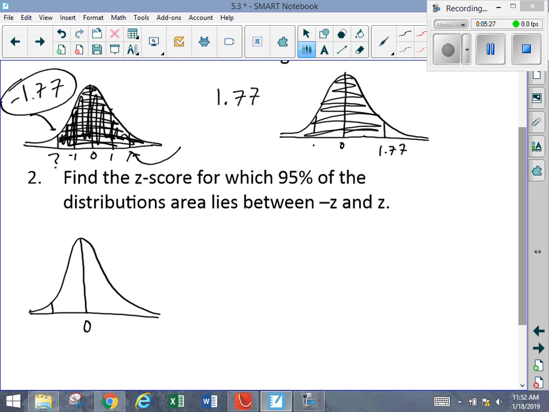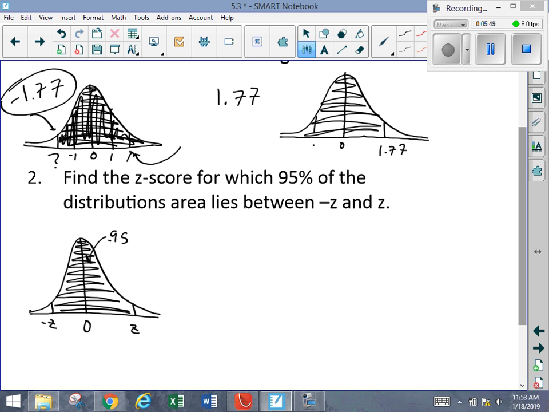We've got a point here, negative z, which we don't know yet, and over here a point that's z. The shaded area in between is 95%, or let's call it 0.95.